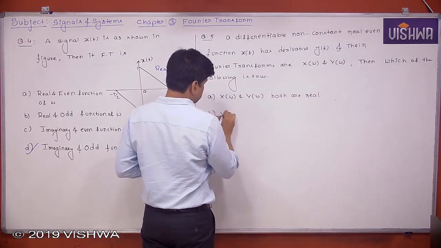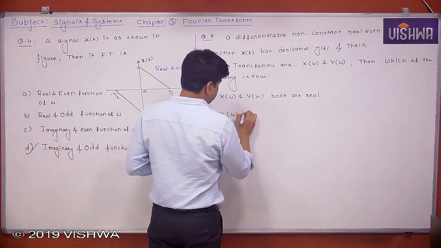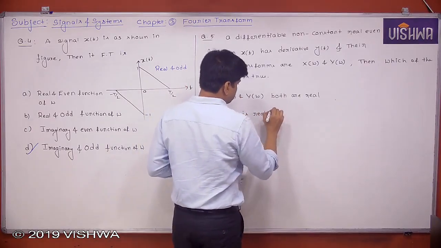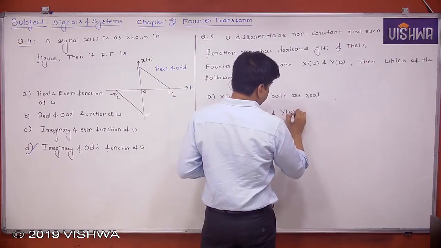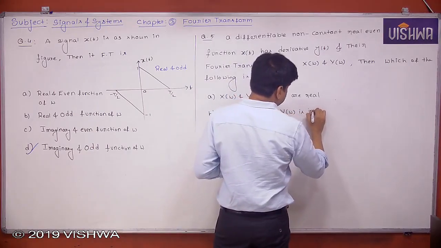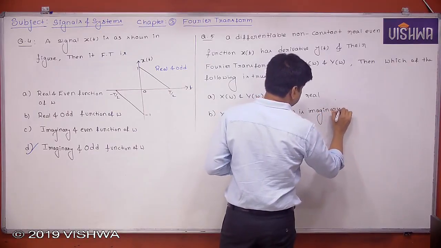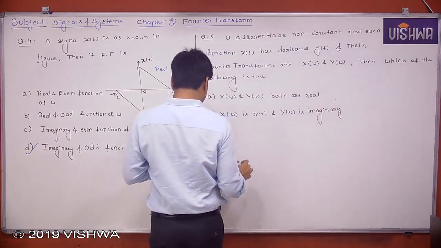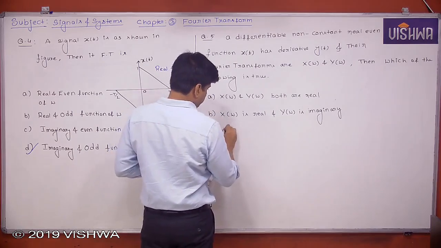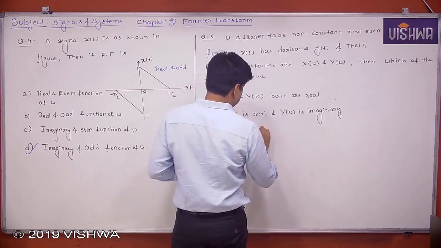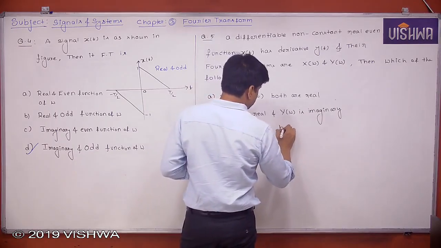Option B: X of omega is real and Y of omega is imaginary. Option C: X of omega and Y of omega both are imaginary.